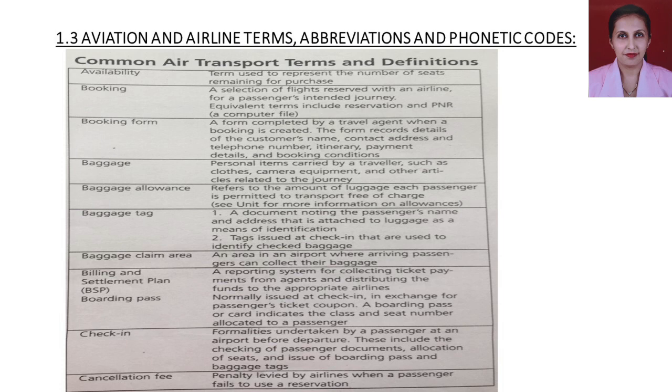If you go to Big Bazaar and do shopping, when you do the payment you get a slip. That slip is a confirmation that yes, you have done the payment and you are free to go. Similarly in airlines, this boarding pass is nothing else but a confirmation slip, and it is given on behalf of the ticket.